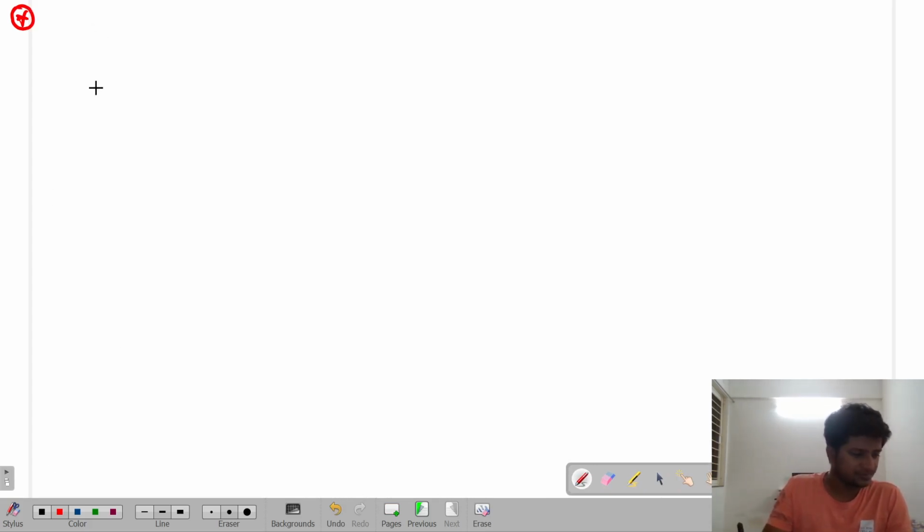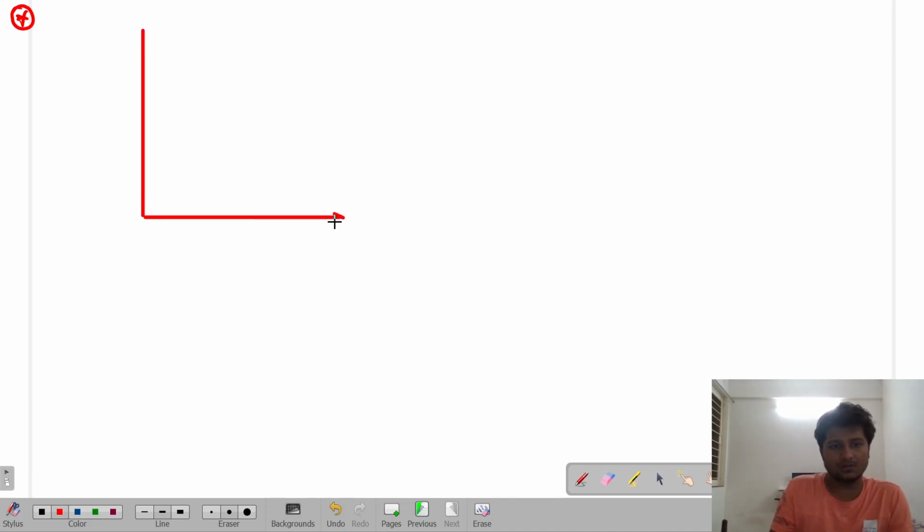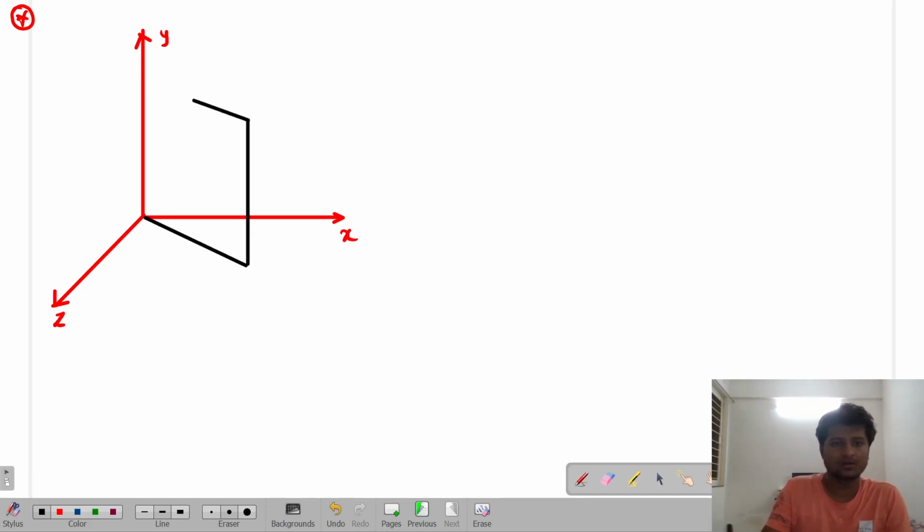See the question. Let's suppose I have XYZ axes. This is X, this is Y, and this is Z. And I take a particular kind of area over here, like this way.